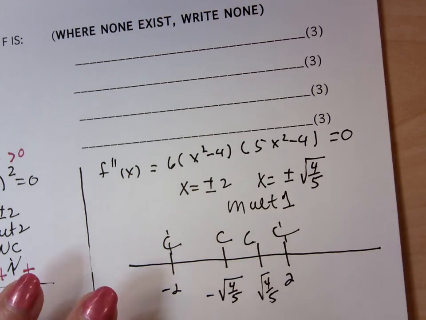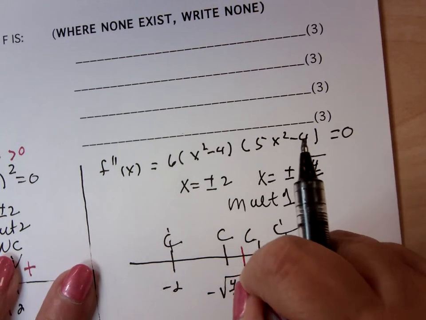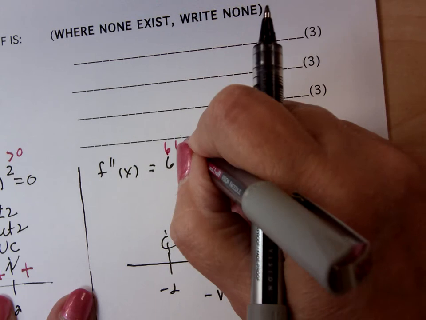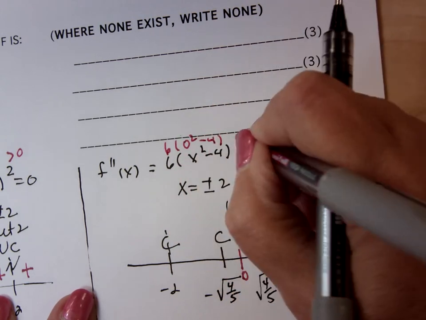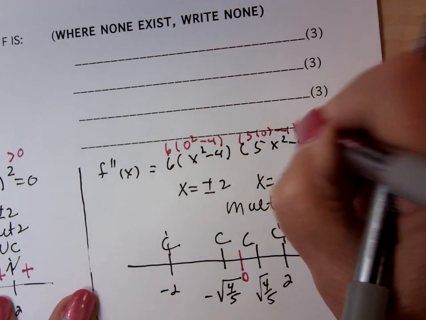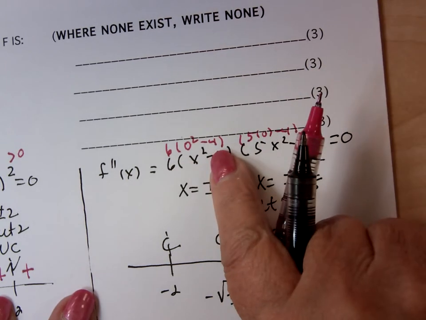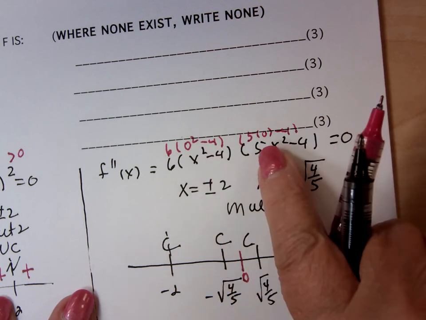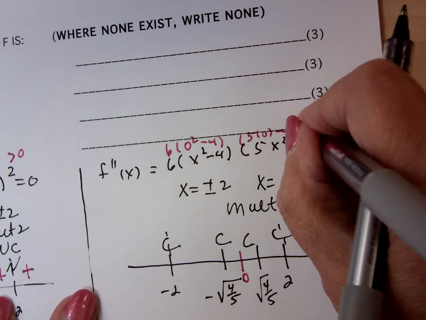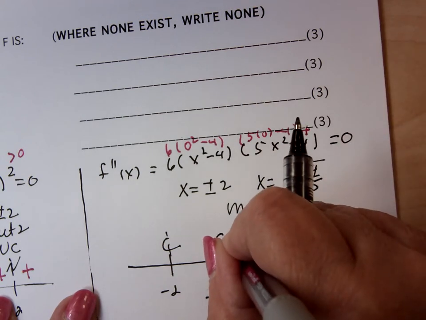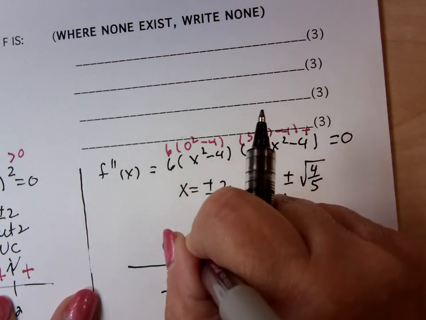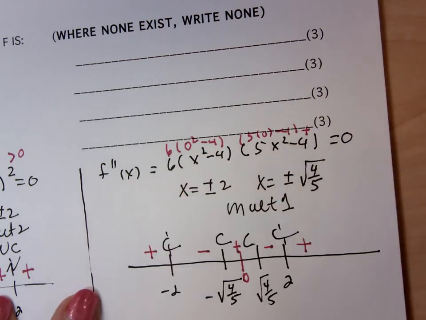So I just need a test point. 0 is available to me. So I'd have 6 times 0 squared minus 4 times 5 times 0 minus 4. This is going to be 6 times a negative number, that's going to be negative 24 times negative 4, that means positive. So concave up, concave down, concave up, concave down, concave up.